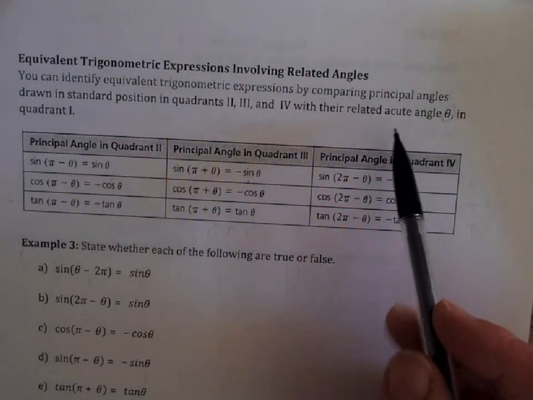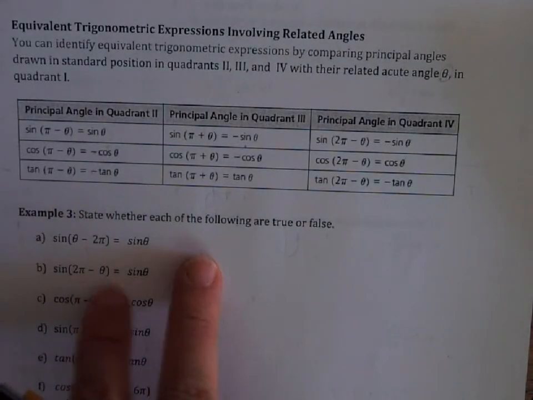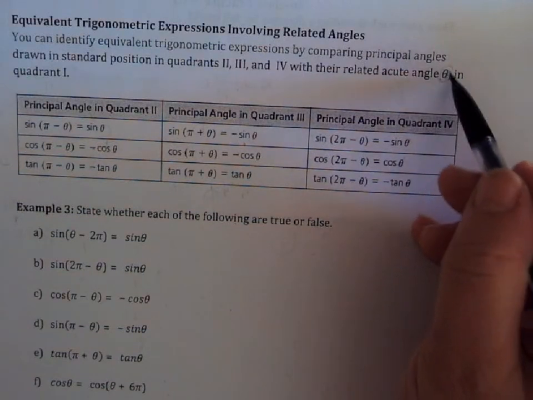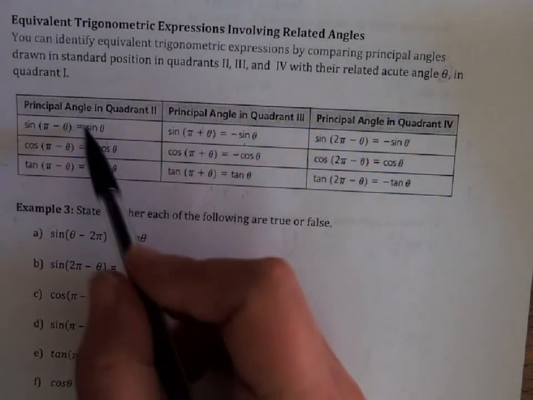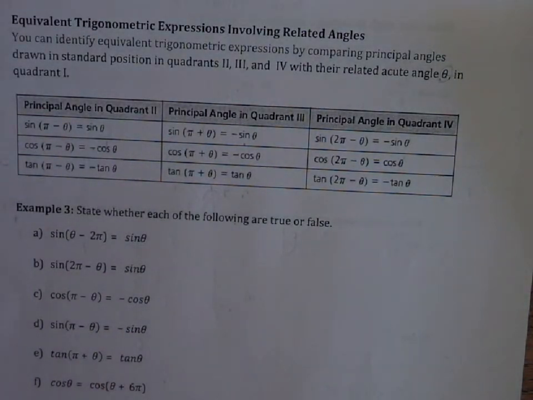But actually in this section they took theta and used it for related acute angle. So whenever you see theta here, actually you should be thinking of beta, which is related acute angle, okay? So it may be confusing, but you should be fine, okay?